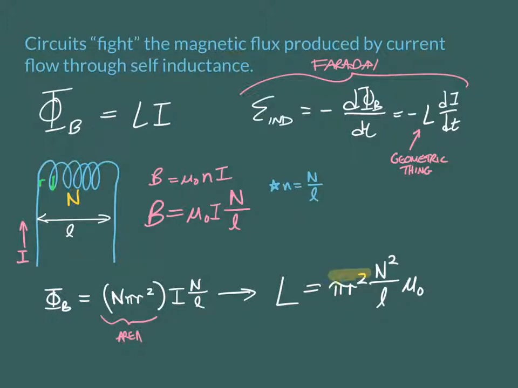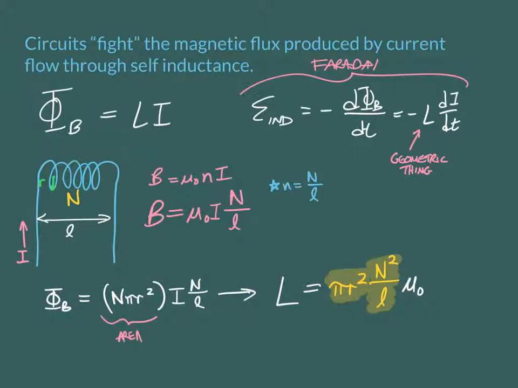Now notice here, is that pi r squared? Yes. That pi r squared is an area. That's a cross-sectional area for a cylinder because coils are cylindrical. A number squared is just a unitless number, but then length is another geometric property. And so all but this fundamental constant of the universe called magnetic permeability of free space is entirely geometric.